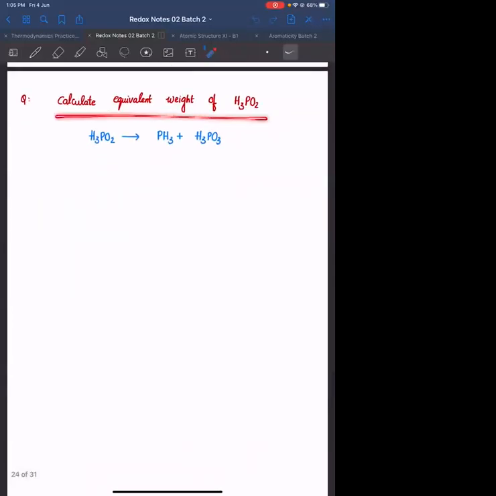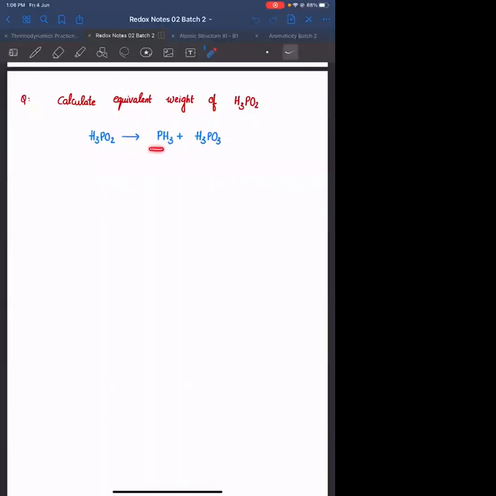Calculate the equivalent weight of H3PO2. If they are asking the equivalent weight of H3PO2, they are in a way asking the overall equivalent weight, not the equivalent weight as an oxidizing agent, as a reducing agent. If you observe, this is a disproportionation reaction. Can anyone tell me the oxidation state of phosphorus in H3PO2? +1.